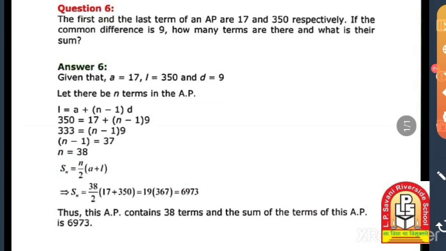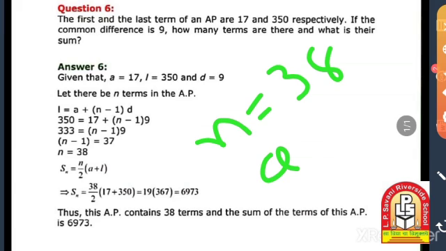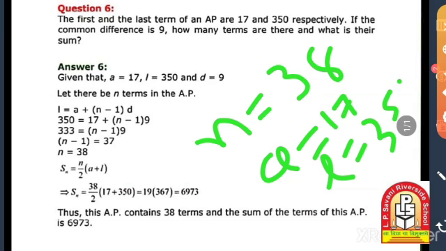So Sn is equal to n by 2 in the bracket a plus L. So n is equal to 38, a is equal to 17, and L is equal to 350 over here.